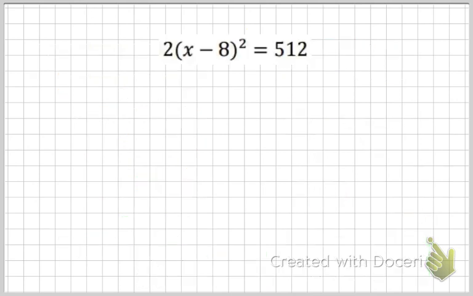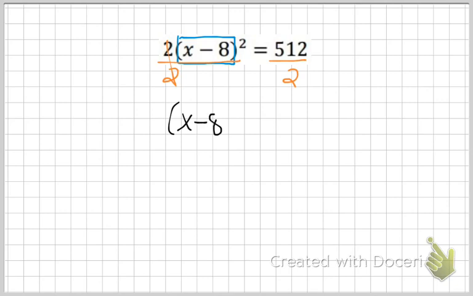Let's try one more. Again, parentheses, different than the rest. So here is x. We're trying to get to x. X is with 8, and they're both trapped inside parentheses, where there's a power of 2, but at the same time there's a 2 at the very front. That 2, that coefficient of 2, is multiplying the parentheses. So let's begin by doing the inverse of multiplication, which is division. So we would divide by 2 on both sides.